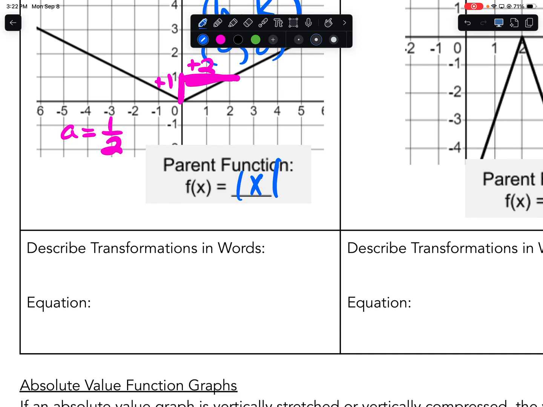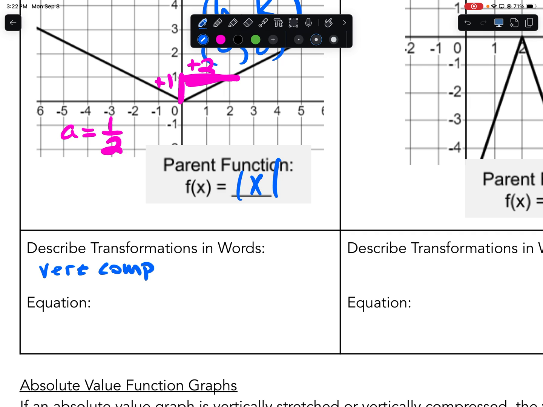So the only thing that happened is this is a vertical what? Stretch or compression? Compression, because it's smushed, right? It's like me putting my hands on your shoulders and smushing you into the ground. It's a vertical compression, because A is less than 1.